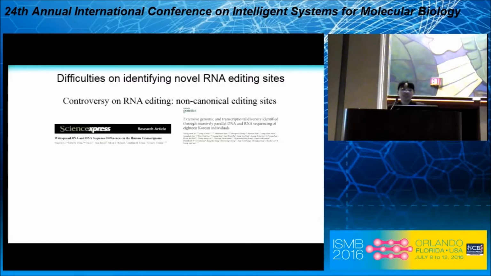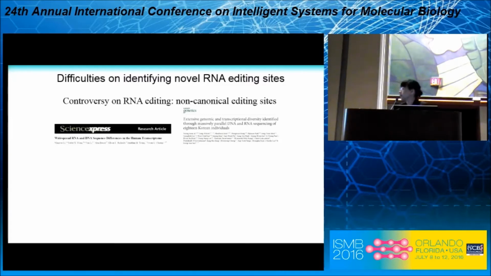Before I did the genetic mapping, I worked on developing a pipeline to identify new editing sites. And I found most of those sites are artifacts from the analysis. For most of the sites reported in this paper, most are from improper alignment at the splicing junction regions.